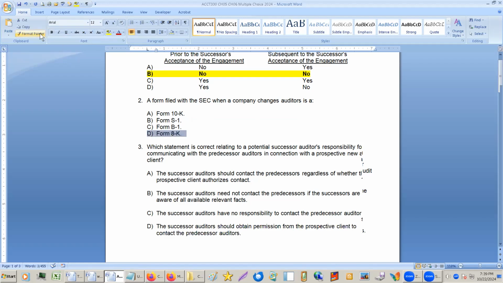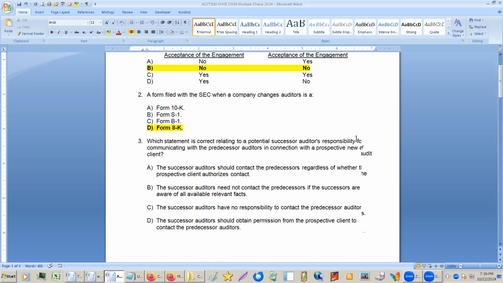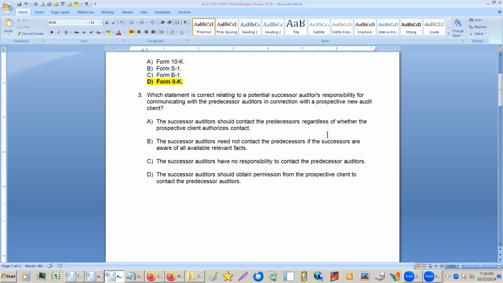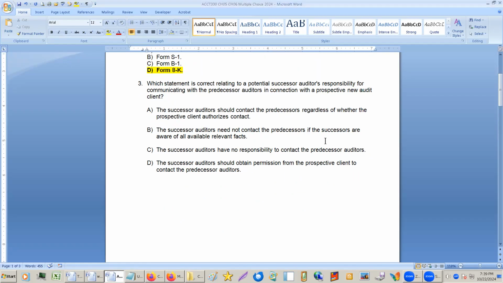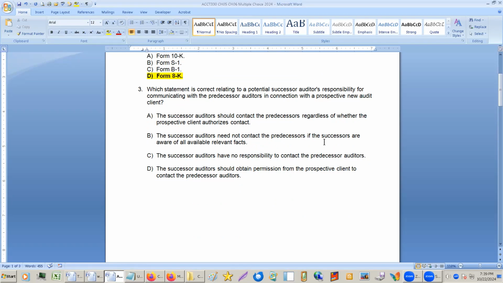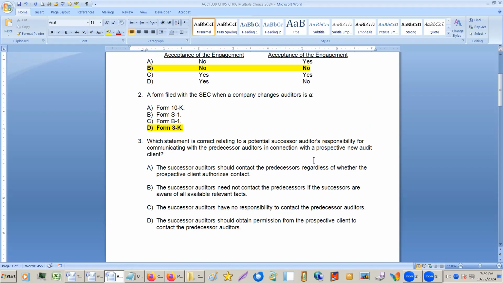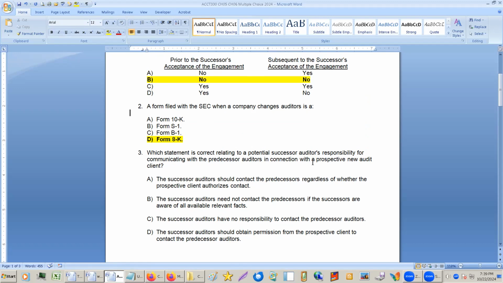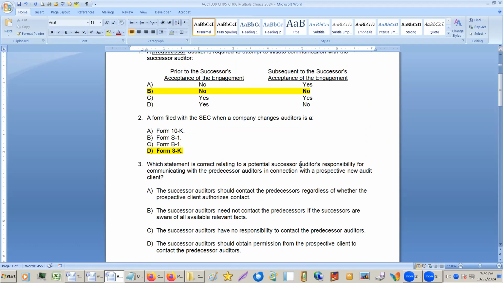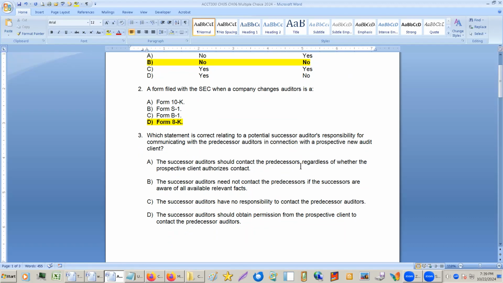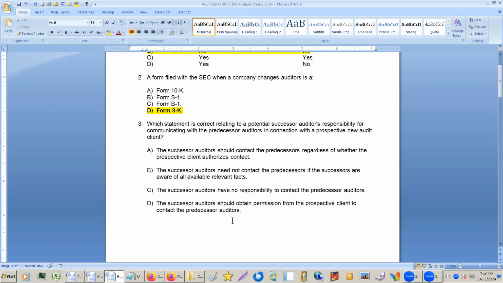Which statement is correct relating to the successor auditor? The successor must communicate with the predecessor. He is correct. Good.